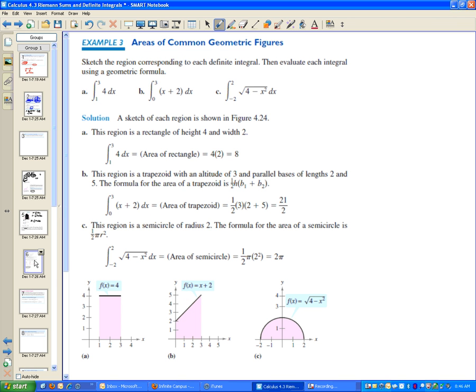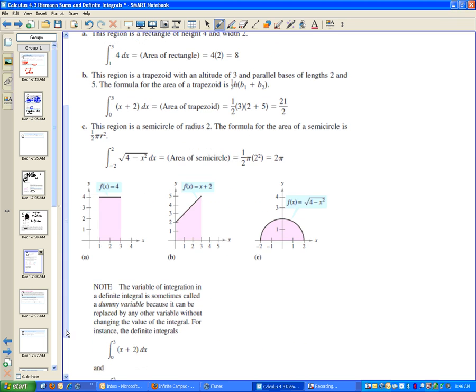But we can do this. Sometimes graphs give us geometric figures. Like here, if f of x is a horizontal line, we get rectangles. I mean, not little bitty rectangles like we were working with either. A big fat pink rectangle. Can you find its area? Yeah, base times height.